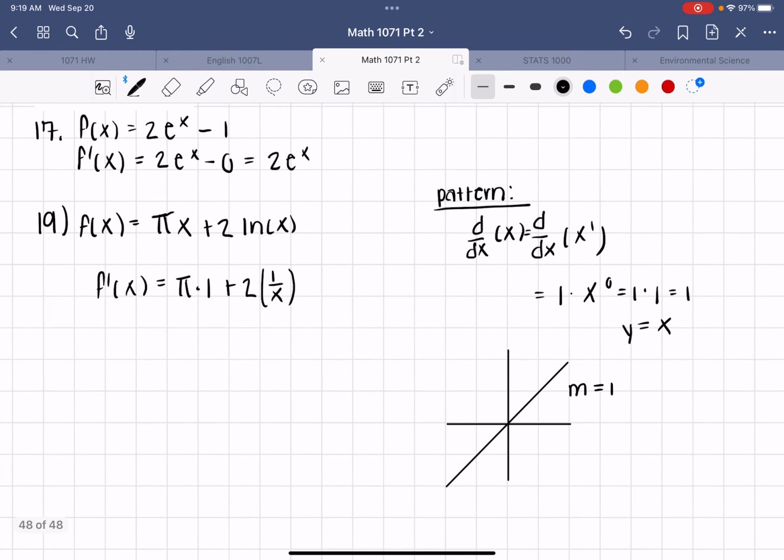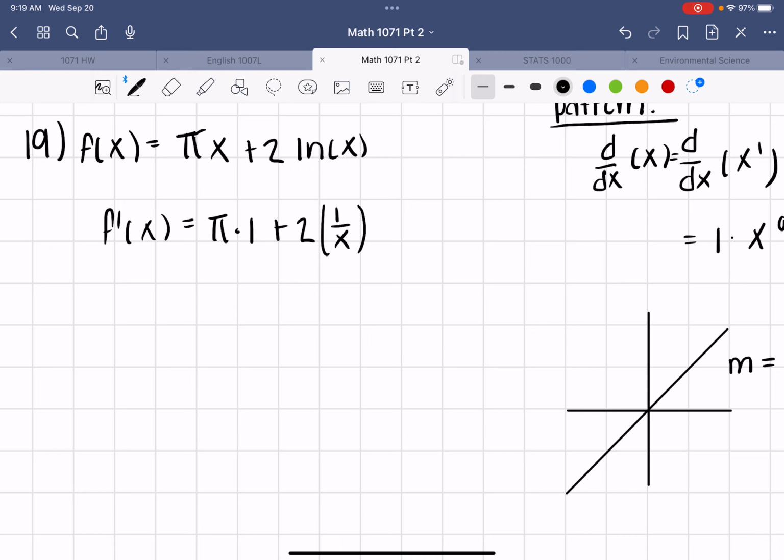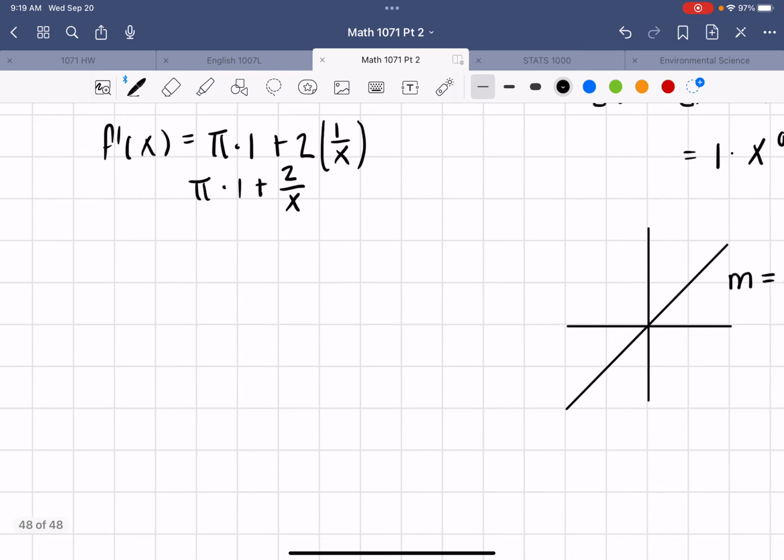Some people struggle with stuff like that. If you've got 2 times 1 over x, 2 is the same as 2 over 1 times 1 over x. And when you multiply fractions, you multiply the numerators, you multiply the denominators.